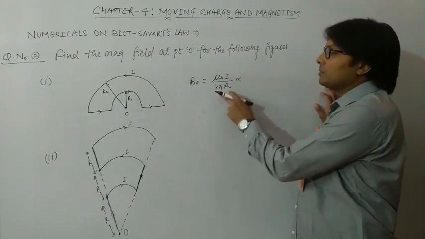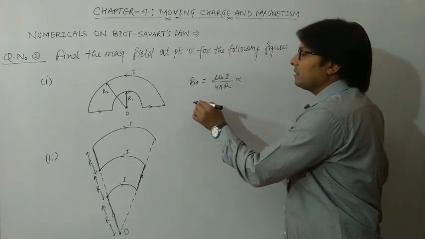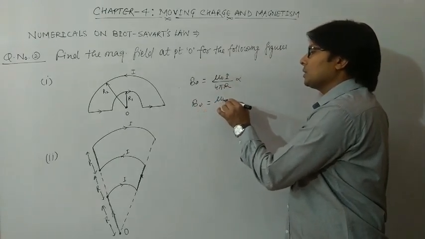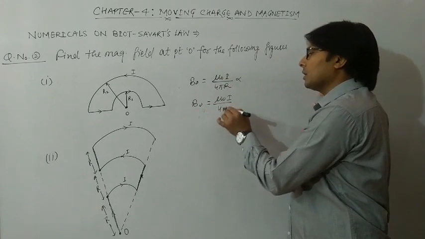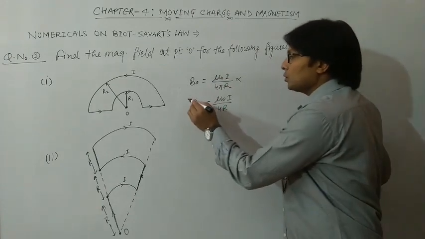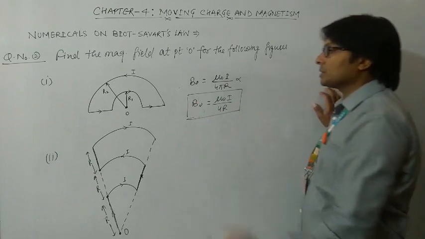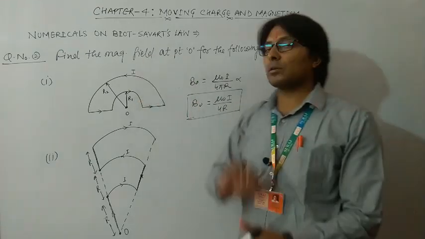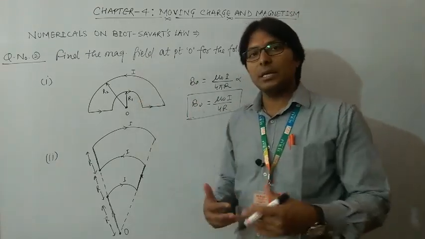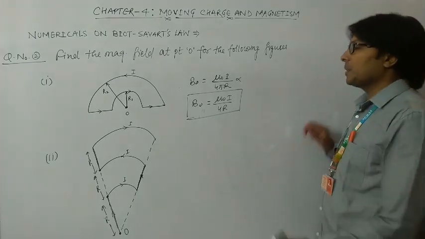So pi will cancel out this pi, so the net magnetic field will become mu 0 I upon 4r. So this is due to a semicircular loop. So there are two semicircular loops in which the current flowing is in exactly reverse direction.